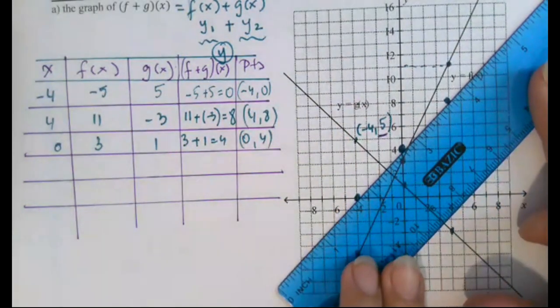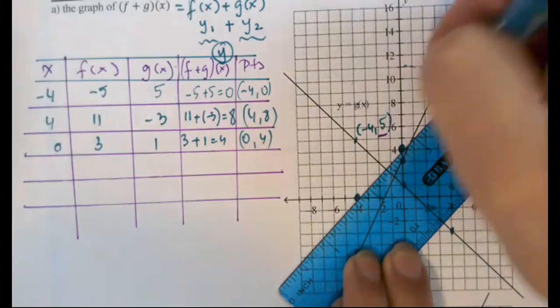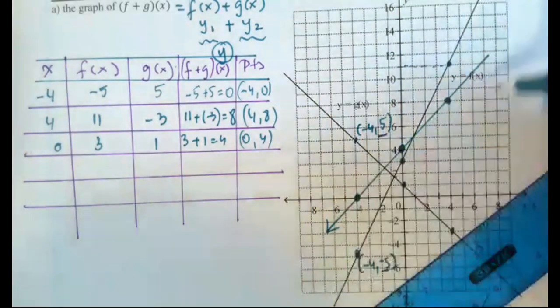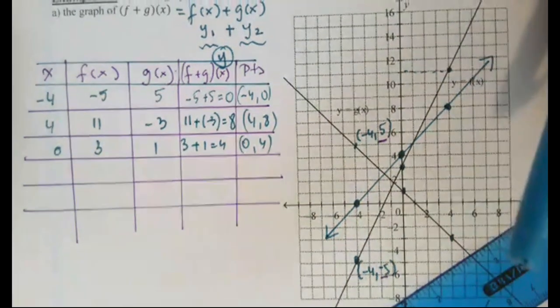There's our line. Is it clear for everyone how you're getting the graphs of functions through operations?